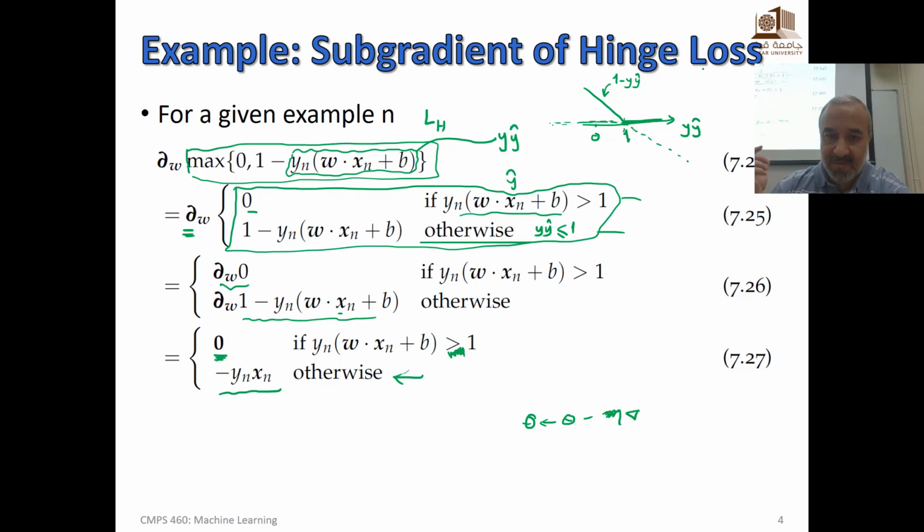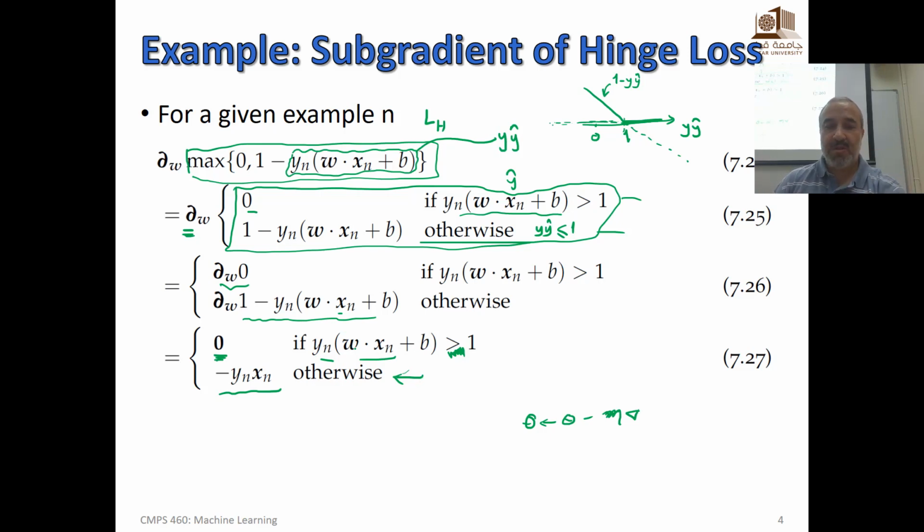And 5 minutes ago, we saw when we have a Hinge loss, what will be the gradient for the weights. So we have to pre-compute the gradients. I mean, not pre-compute in terms of numbers, but in terms of how to actually get the gradient. So here, the gradient is 0 if y hat is greater than 1, and minus yn xn if y hat is less than or equal to 1. So we'll have to implement that.